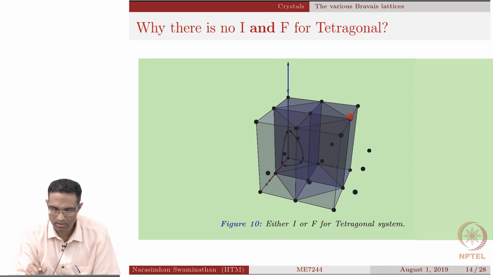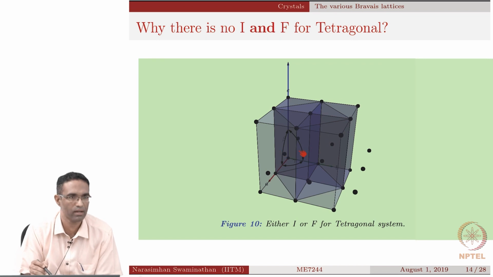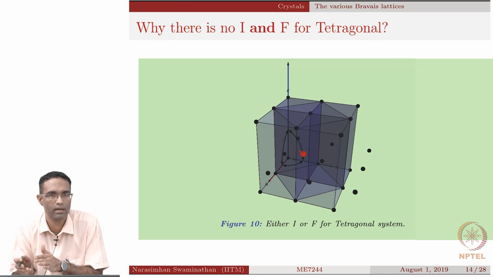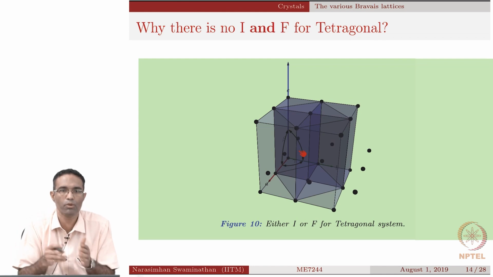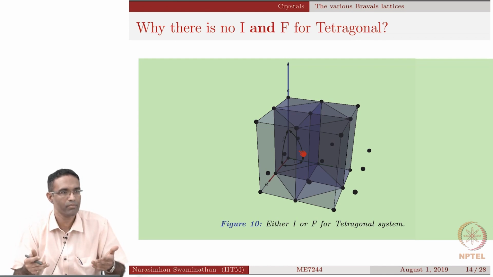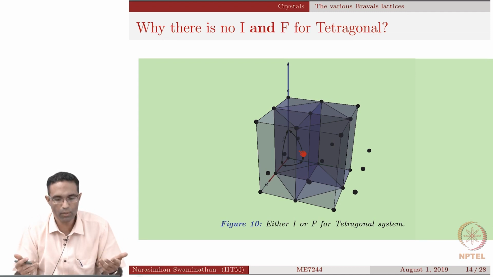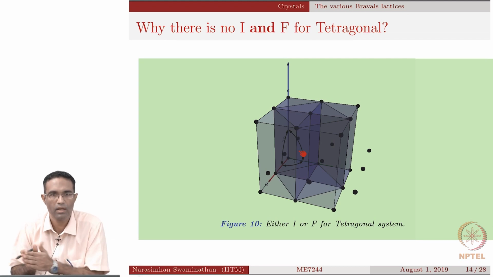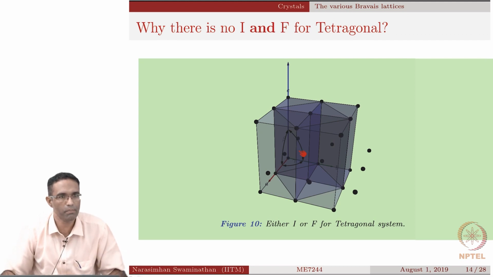If you look at this tetragonal system that is drawn, you will find that the same atoms are forming the face centered tetragonal. So from a body centered tetragonal, we are able to regenerate the face centered tetragonal. So there is no point in counting them twice because they are basically the same lattice. Consequently, you either talk about a body centered tetragonal or a face centered tetragonal. The convention is to talk about the body centered tetragonal as the Bravais lattice.